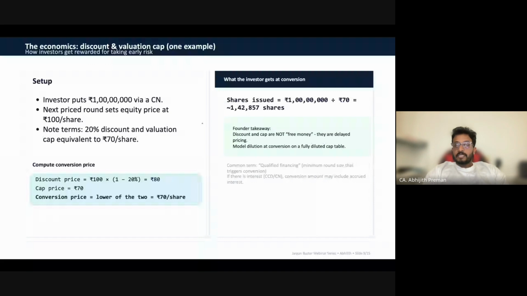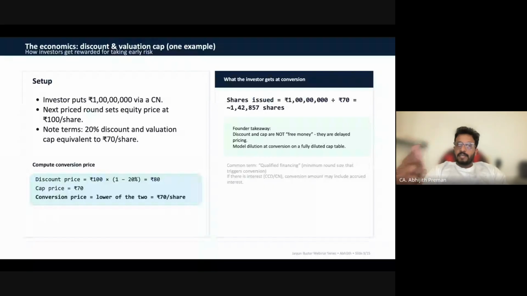So the number of shares that the investor is going to get upon conversion is 1 crore divided by 70, which is approximately equal to 1,42,857 shares. If the shares were getting converted at 100 rupees, the investor would have got only 1 lakh shares of the company.